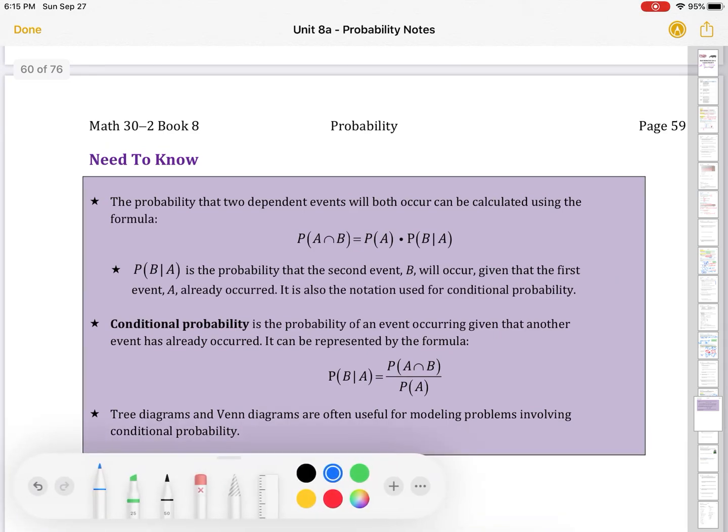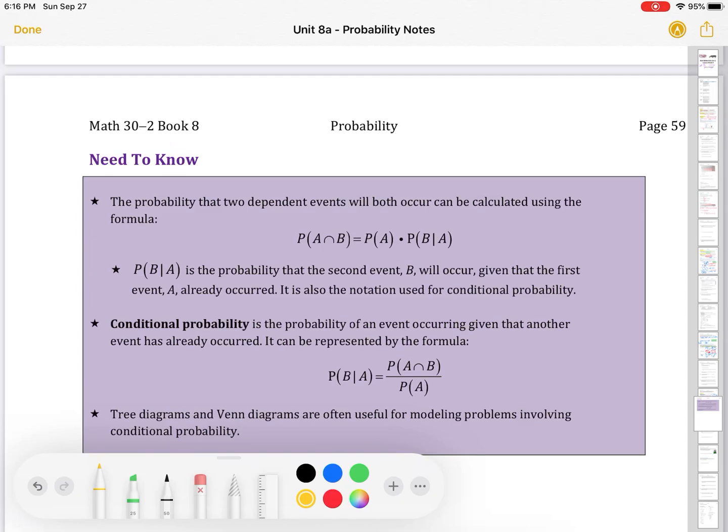So, need to knows. I hope when we're doing these need to knows, you're going back and looking at the vocabulary sheets at the beginning of the booklet and filling it in. Just doing that is a good way to study, but it's also a way to sort out whether we covered everything we needed to cover, and whether you caught it all.